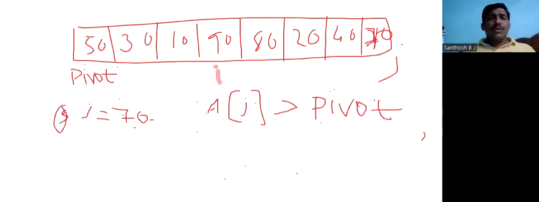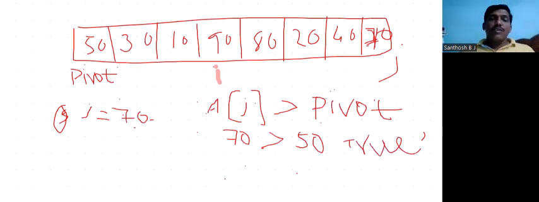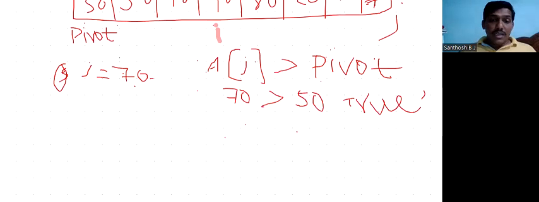What is the value of J? 70 is greater than 50. Yes, this condition is true because A of J is greater than the pivot value. Pivot value is 50 and J is 70. So the condition is satisfied, meaning true. If the condition is true, decrement the J value.